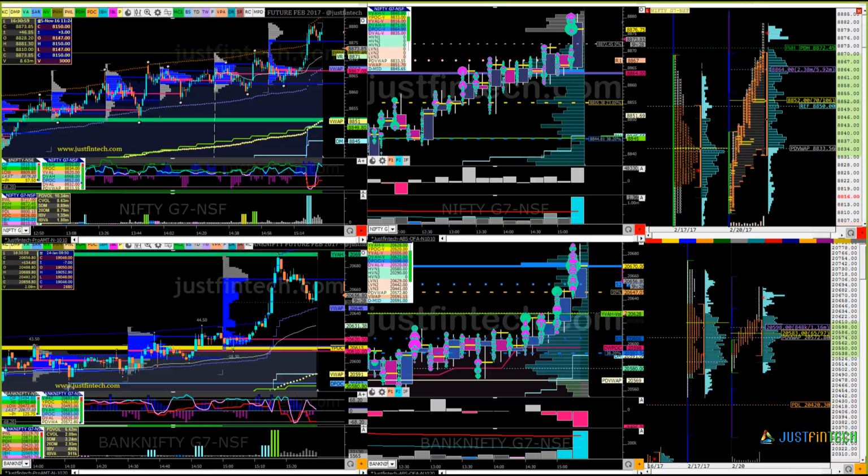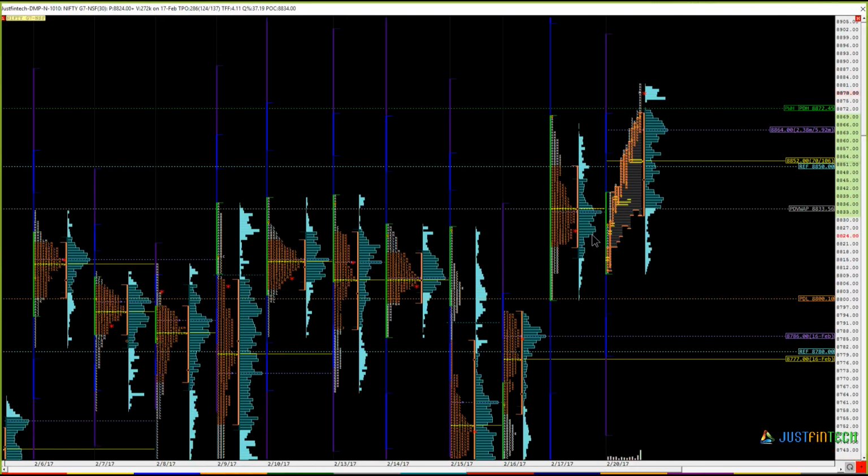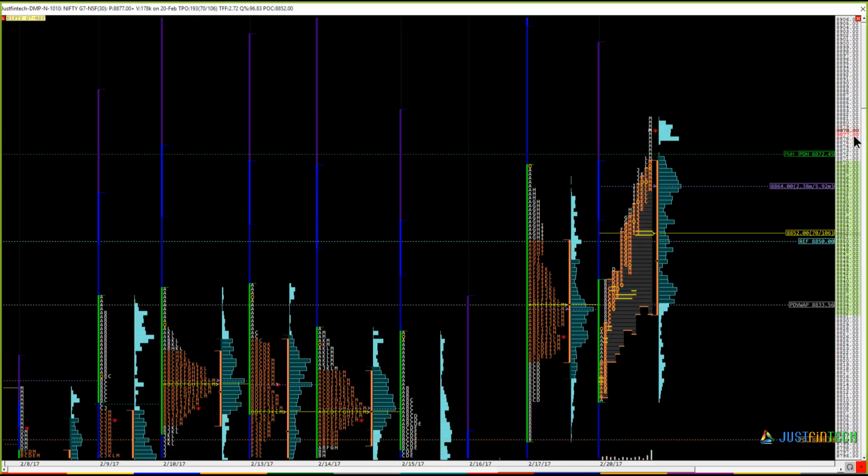So let's have a look at what Nifty futures did. Open within range and a push back down. Now this push down was supported by this C and D period low of previous day.